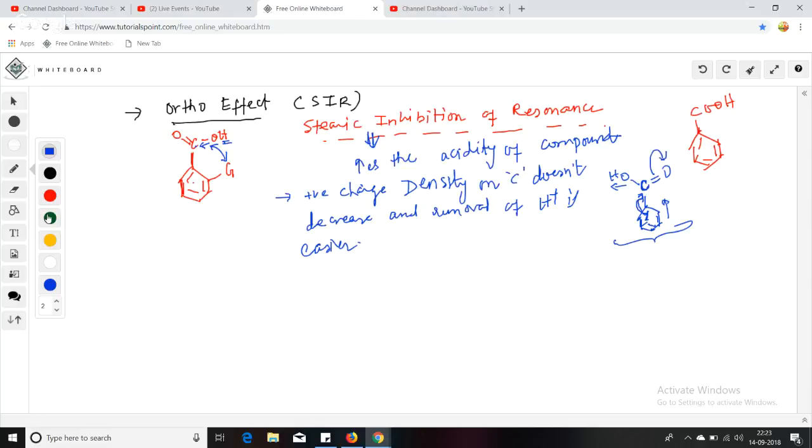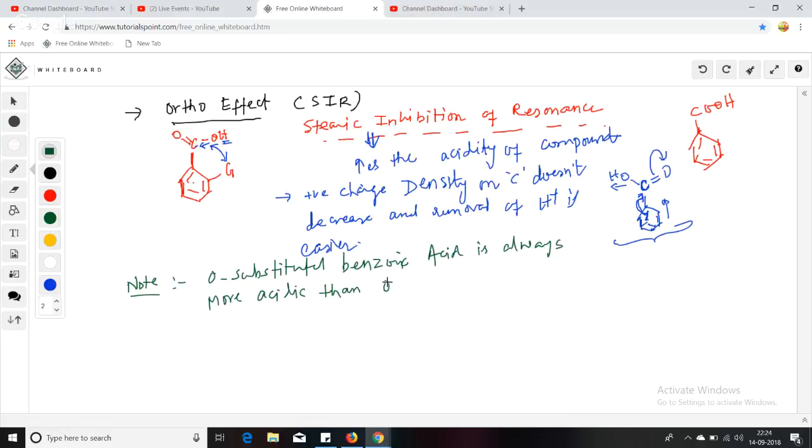This is a very important point that you write down, note: ortho substituted benzoic acid is always more acidic than para or meta substituted.